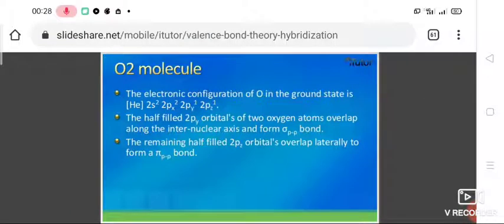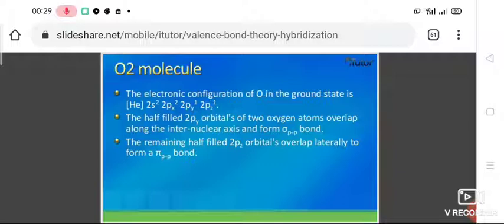Next, oxygen molecule. When you see this oxygen molecule, 1s2, 2s2, 2p4, that is 2px2, 2py1, 2pz1. That means 2s2, 2p4. The half-filled py orbitals of the two oxygen atoms overlap along the internuclear axis and form a sigma pp bond.